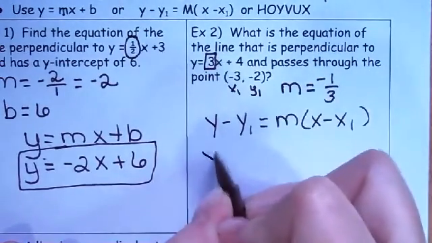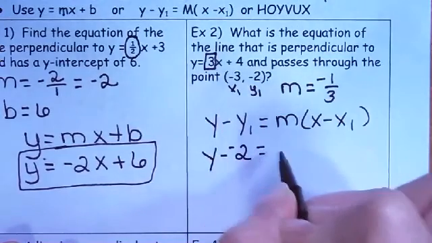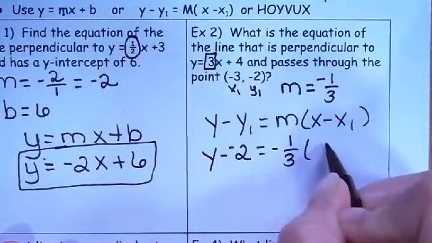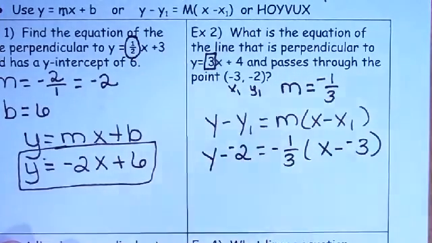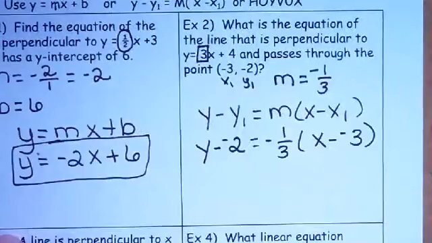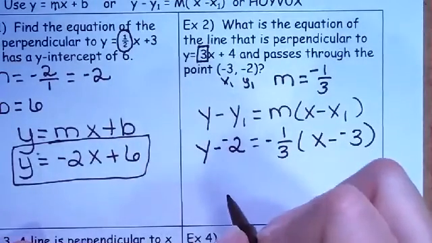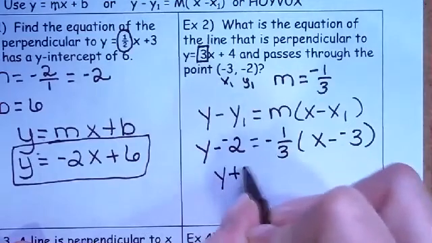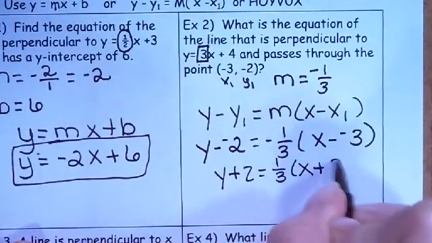So that's y minus -2 equals -1/3 times parentheses x minus -3. There's a lot of minuses and negatives running around there, so let's simplify, because minus a negative is adding a positive. So y plus 2 equals -1/3 times x plus 3.